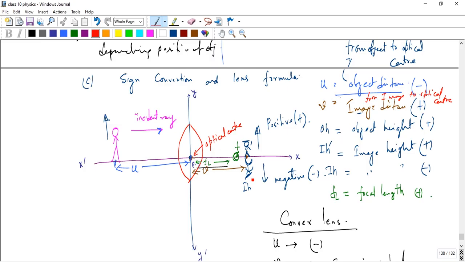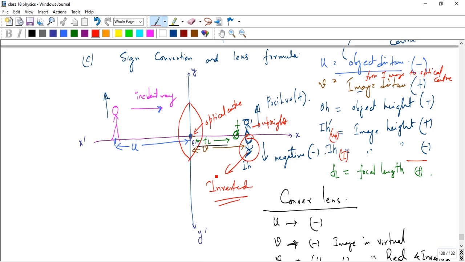If it is not upright, that is inverted, meaning in minus Y, that is the inverted image, that is upright. If inverted, that is minus Y, so that's why inverted height is in the minus Y direction, that's why minus. That's a very easy concept.